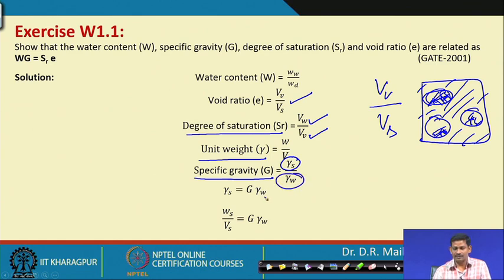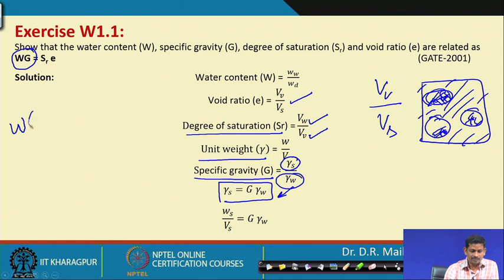With this information, let us define gamma s, which is equal to G into gamma w.